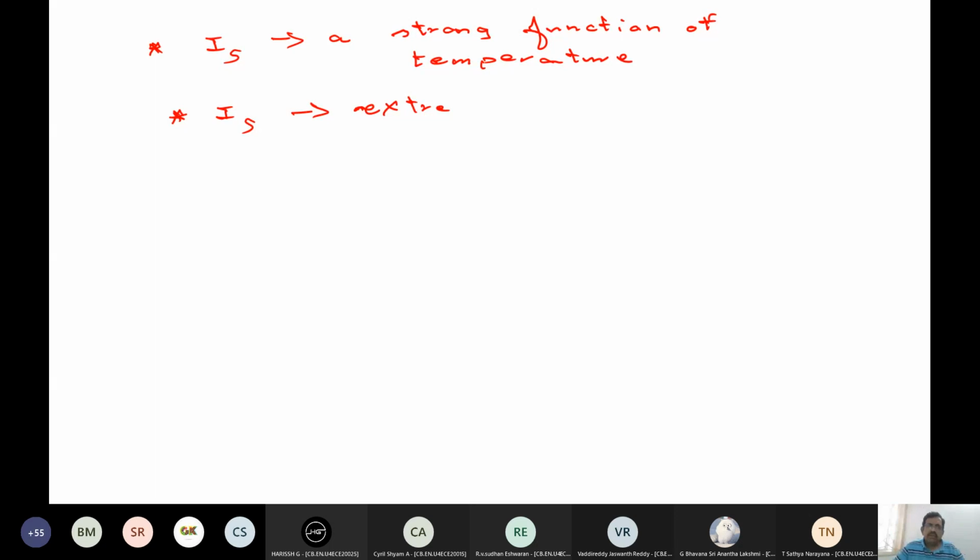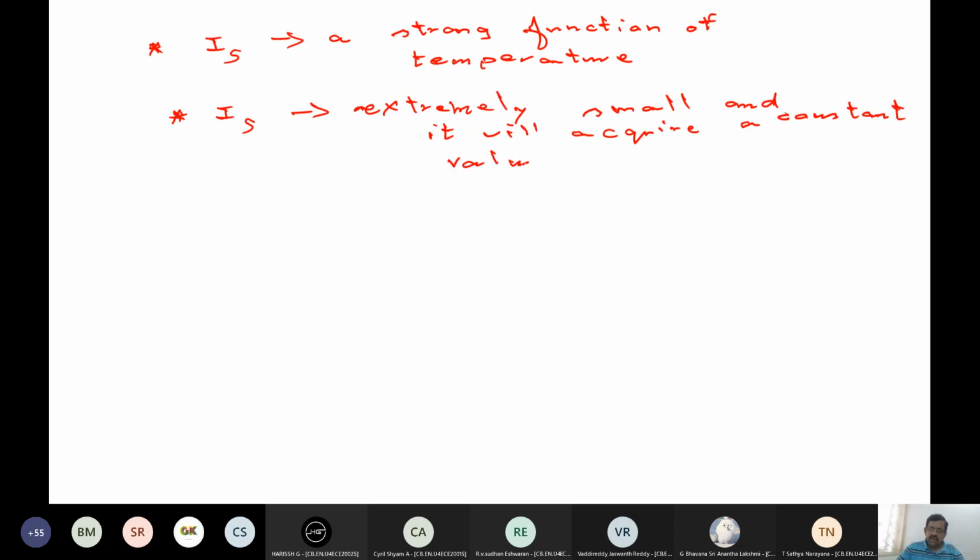So minority carrier concentration is already very less. Therefore, the current due to this drift is going to be extremely small. And we will also show that it will acquire a constant value. This is what we will see in the next class and the following classes.